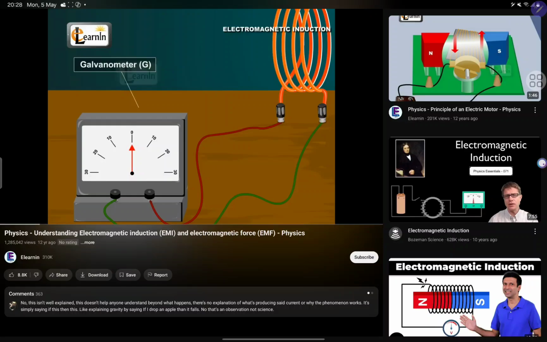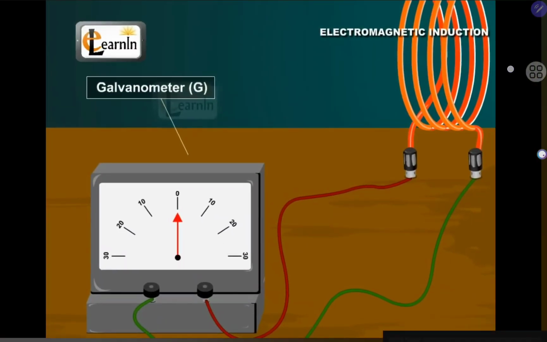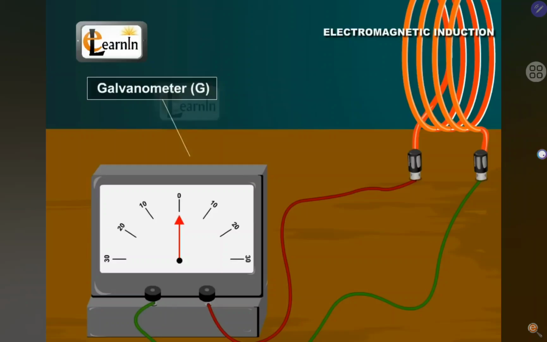As you can see now, there's no current in the wire. The galvanometer reads 0.0. Understood this? The galvanometer reads 0.0 because there's no current passing through the wire.